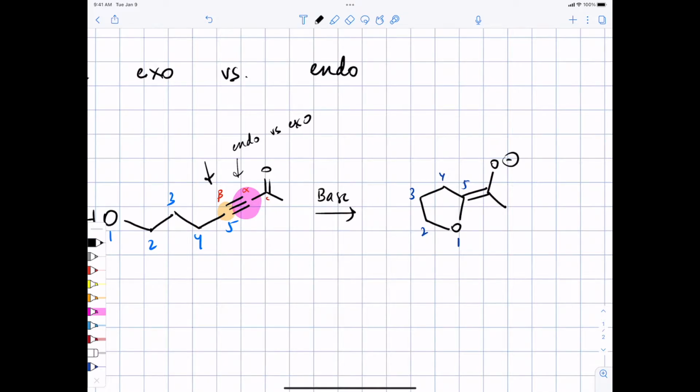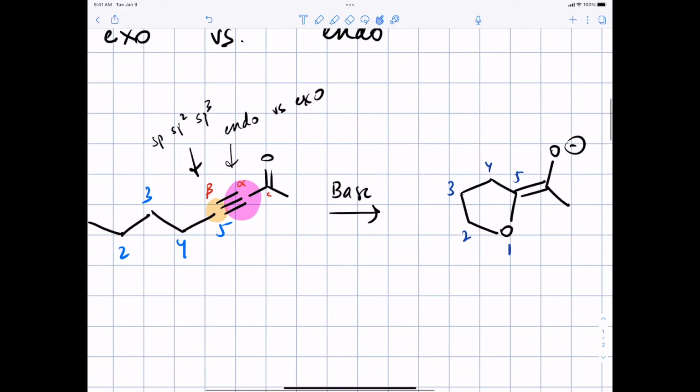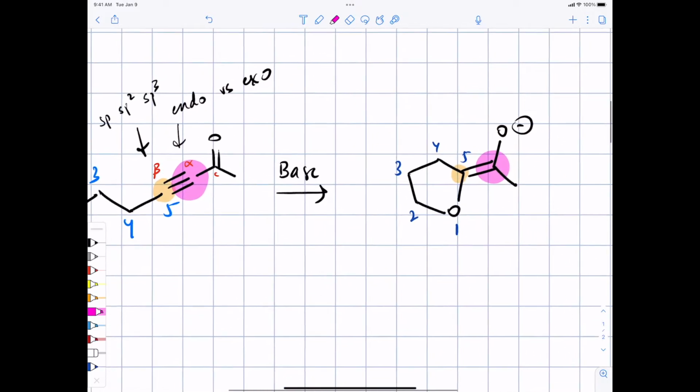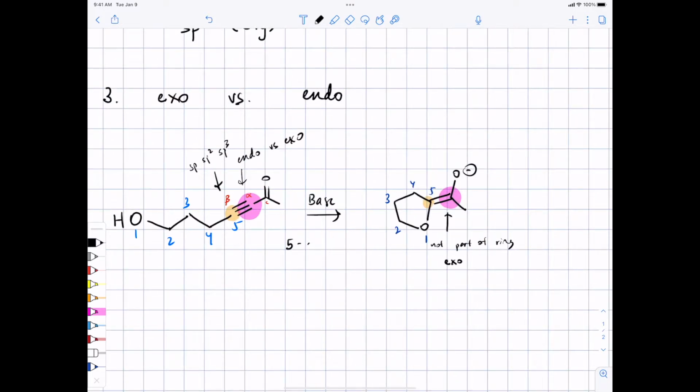So the issue of hybridization is sp, sp2 versus sp3. The issue of endo versus exo is this atom that's attached to the one that gets attacked. And the question you ask is, the atom that is in pink, is that part of the ring after the cyclization or not? If not part of the ring, then we will call that an exocyclization. And so we would call this a 5-exo dig cyclization.